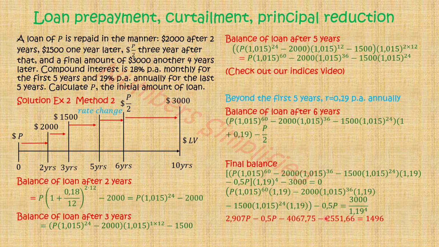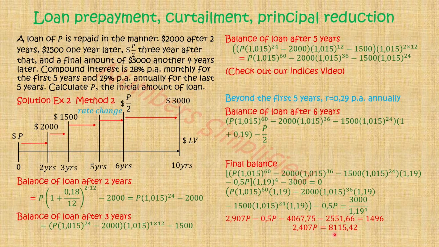So with that, then we shift all these other terms that are not multiplied by a p to the right hand side because we are now solving for the p. So if we do so, we are going to get $8,115.42 on one side, and on the p side, which is the left hand side, we are going to get 2.407p.